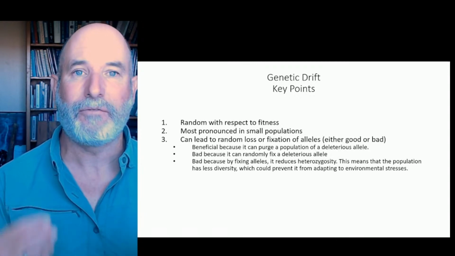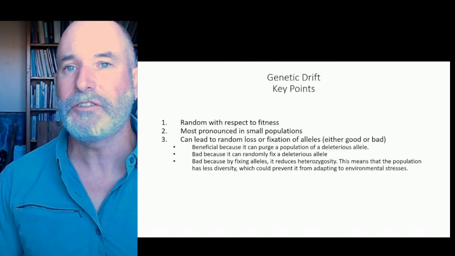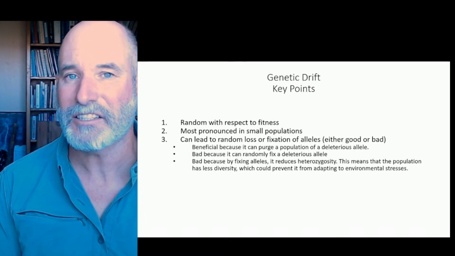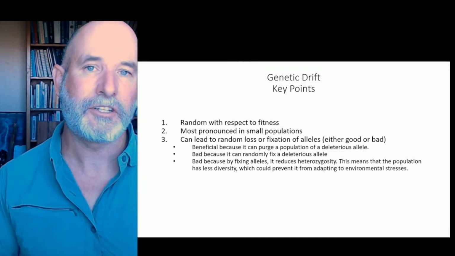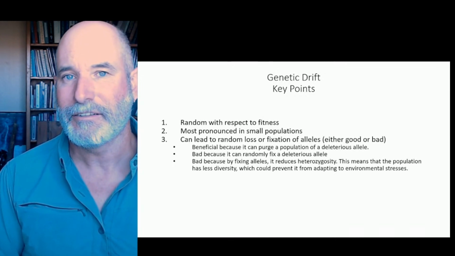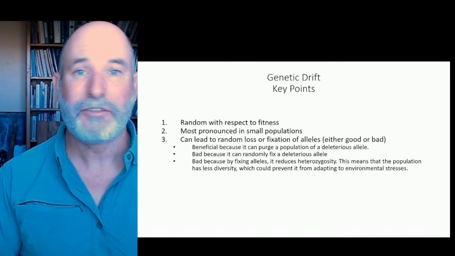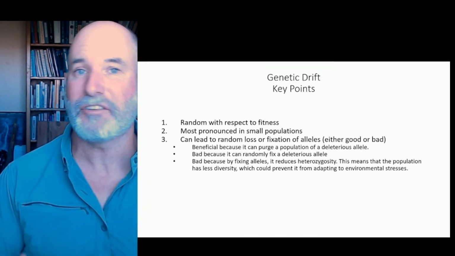By fixing alleles, you also are reducing heterozygosity of your population. You're reducing genetic variability, and when you reduce genetic variability, you limit that population's ability to evolve, because you need variation in the population.